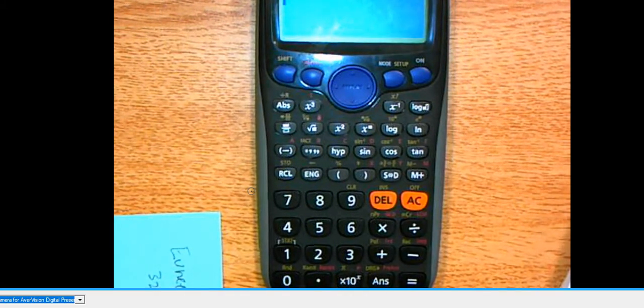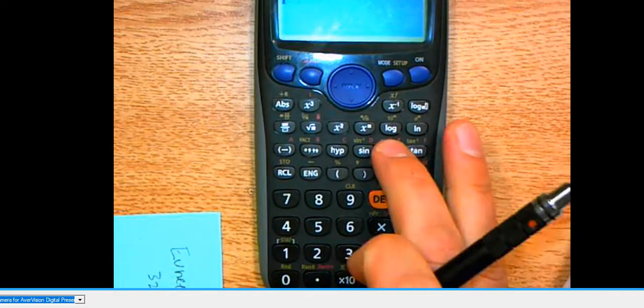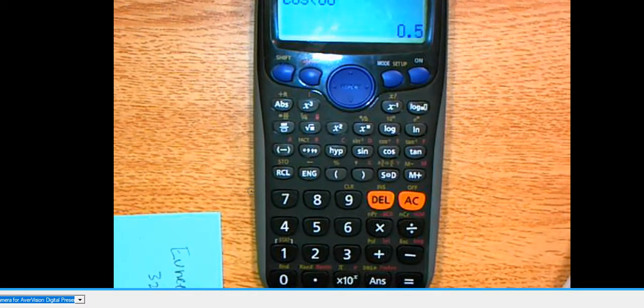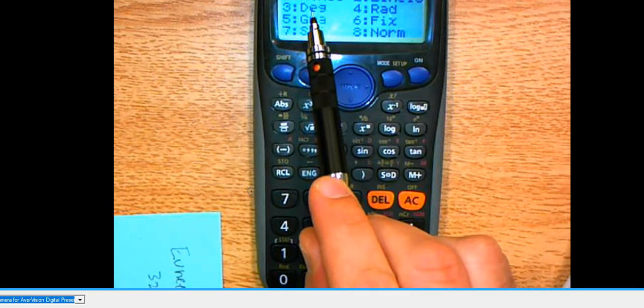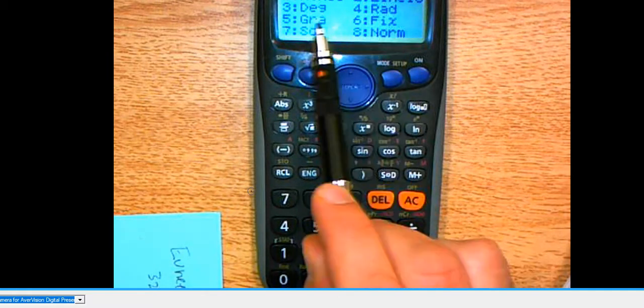When I'm in degrees and I do cosine of 60, I get 0.5. That's a good one to memorize, so you can make sure your calculator is working properly and in the right mode. For mine, I go into setup, and there are actually three choices: degrees, radians, and gradians.